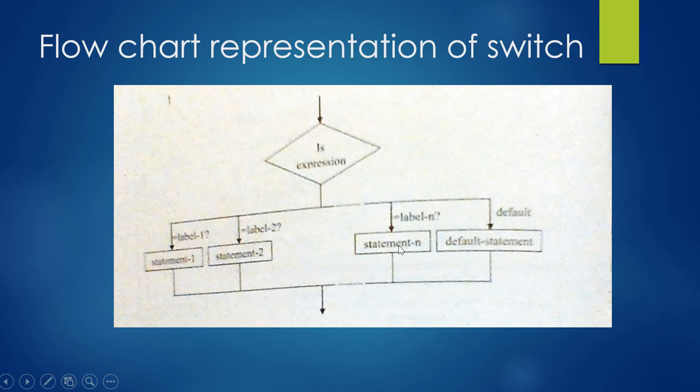Equal to label n means statement n is executing. Default means all these conditions are wrong, so the default statement will execute. This is the flowchart representation of the switch statement.